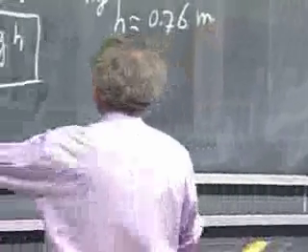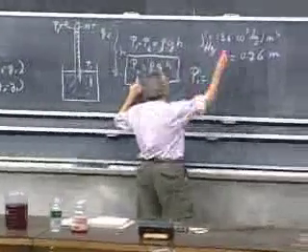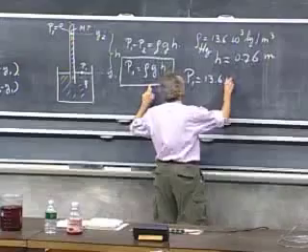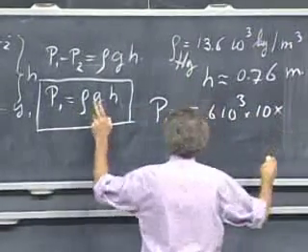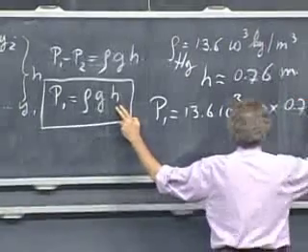And so the barometric pressure, P1, is then 13.6 times 10 to the third times G, for which I will take 10. And the height is 0.76.